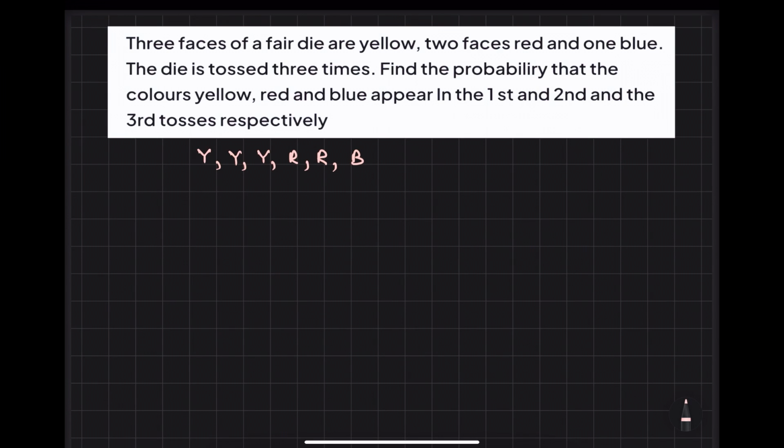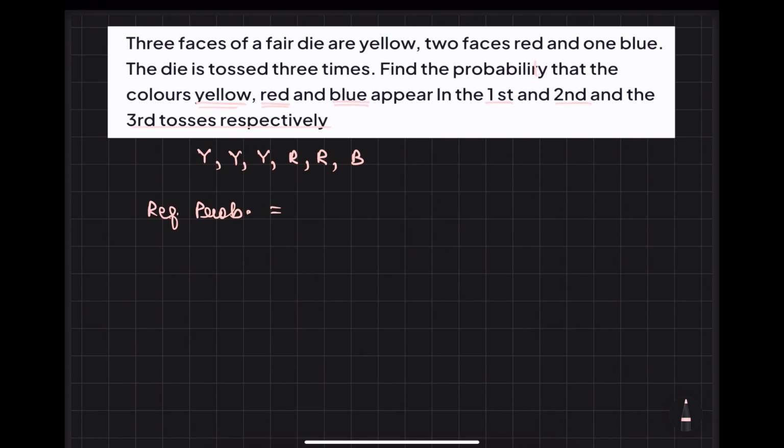Okay, the dice is tossed three times, so one time, the next time, the next time. Find the probability that the colors yellow, red, and blue appear first, second, and third toss respectively. So look at this required probability.